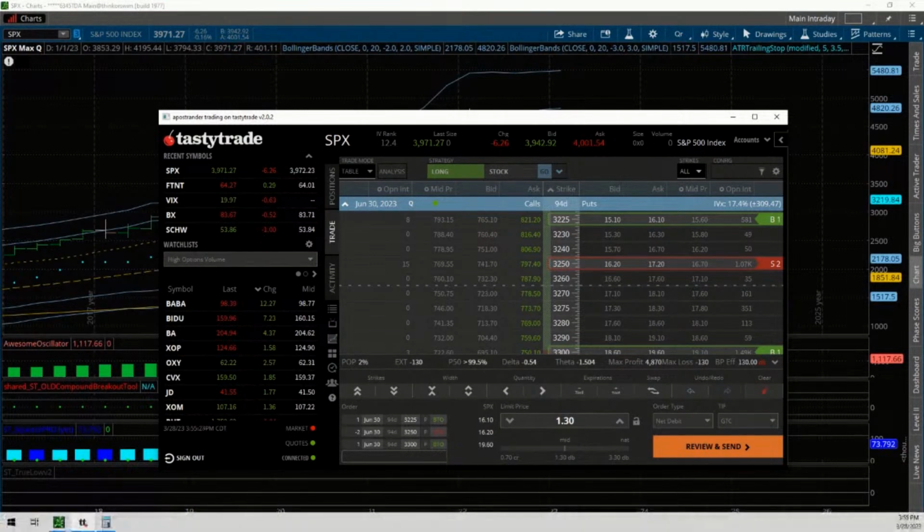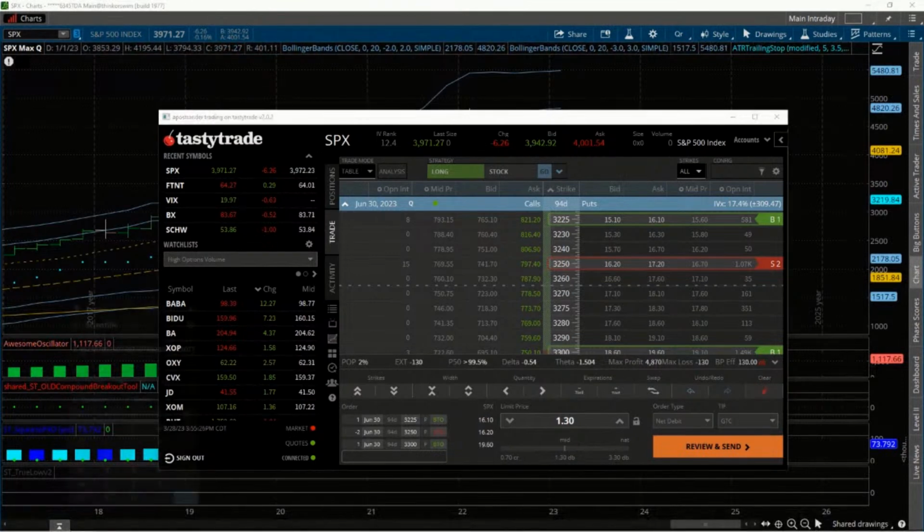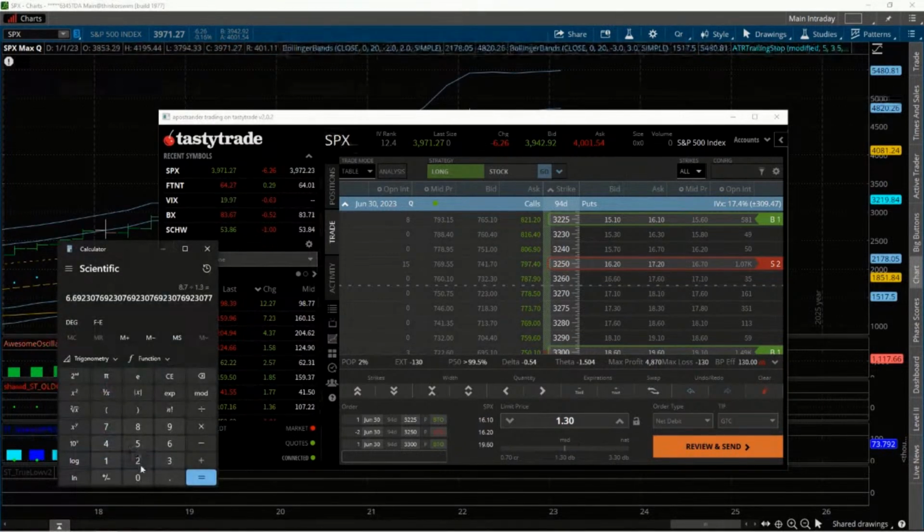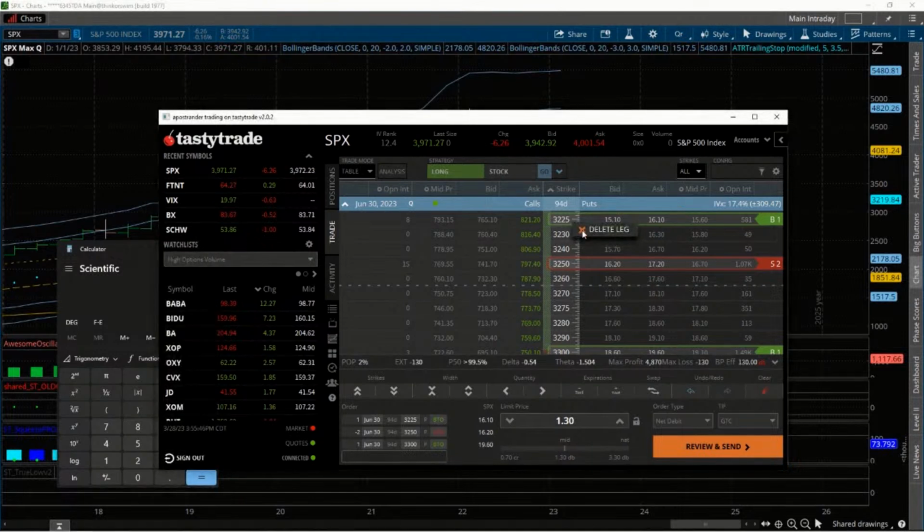If it goes completely in the money, we once again take the difference of spread width, which is 25 points, 50 minus 25 is 25. We take away our cost basis of $1.30, still allows for a $2,370 profit per contract if we see a bigger move than anticipated and it really dives in below our levels.